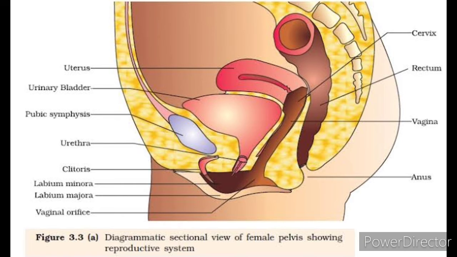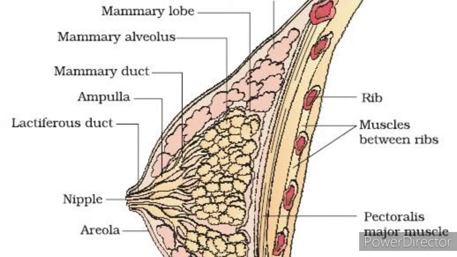The opening of the vagina is often covered partially by a membrane called the hymen, and there is a tiny finger-like structure, the clitoris, which lies at the upper junction of the two labia minora above the urethral opening.